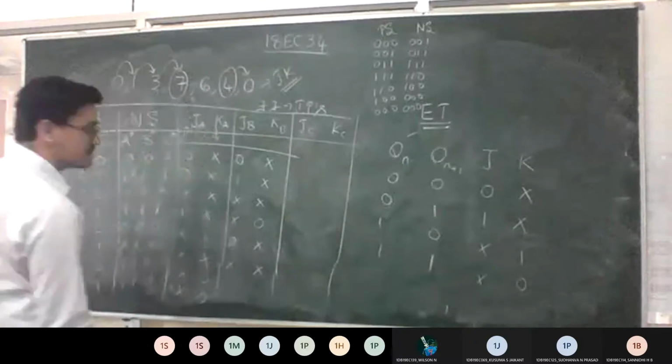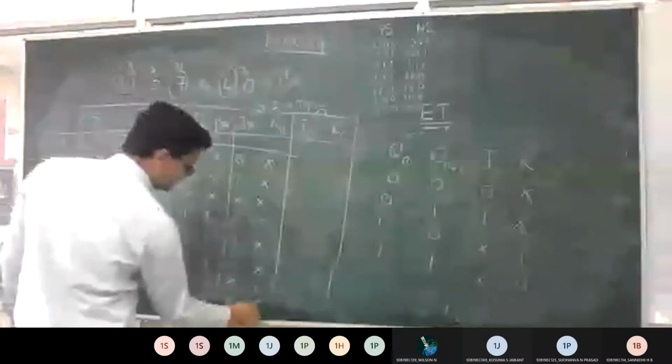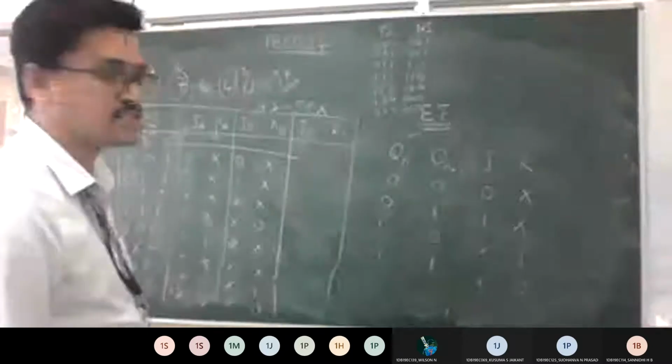Next one x1, x0, 0, x. The last one is x0. Now, is it fine here? So fill up.